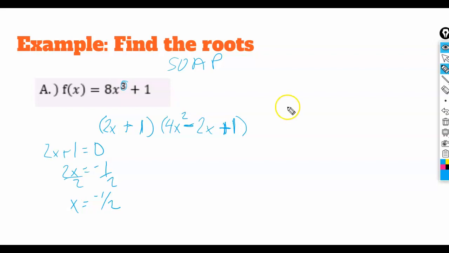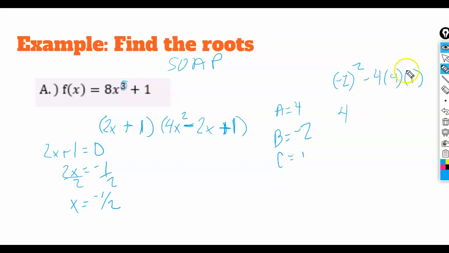So if I'm doing the quadratic formula, A is equal to 4, B is equal to -2, and C is equal to 1. So I'm going to do my discriminant first, which is B squared minus 4 times A times C. So that's going to give me 4.